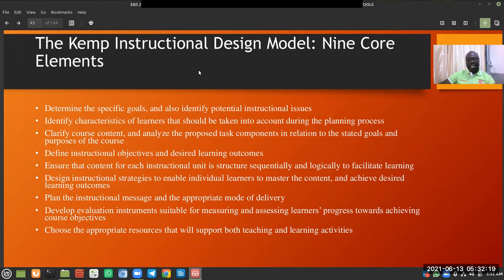Specifically, I would love for you to compare the Kemp Instructional Design Model with the Dick and Carey model as against the ADDIE model. And let's have that discussion on the dashboard of the Google Classroom.